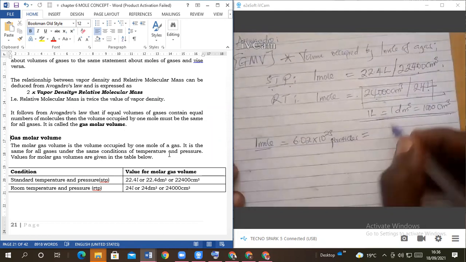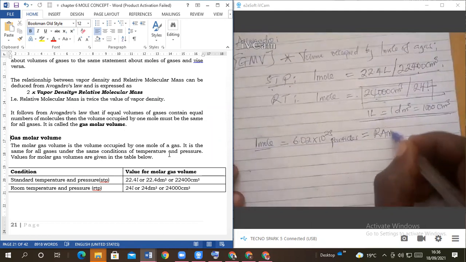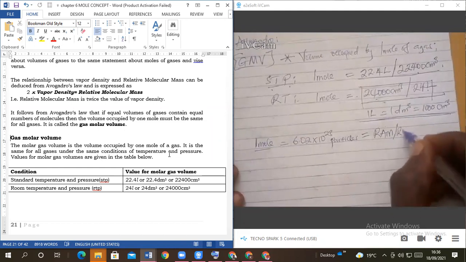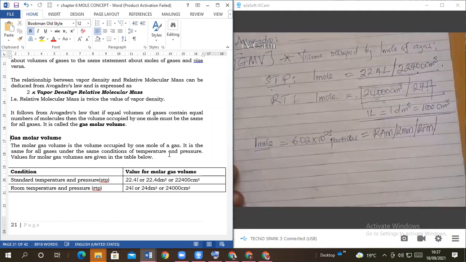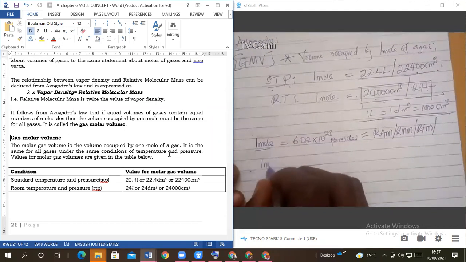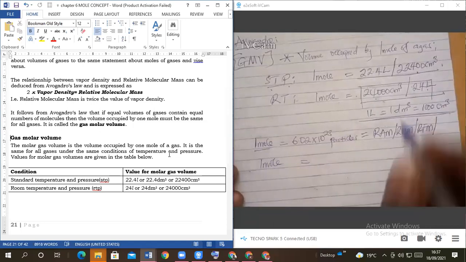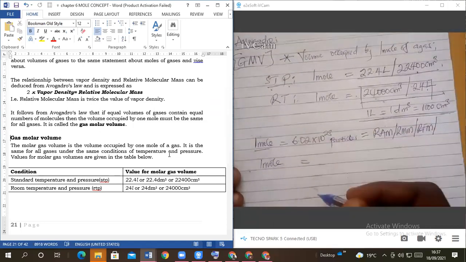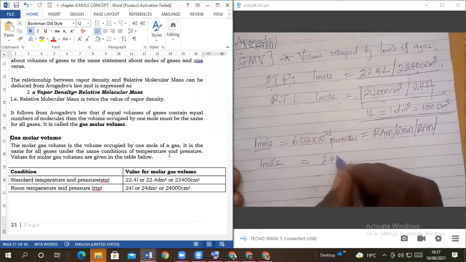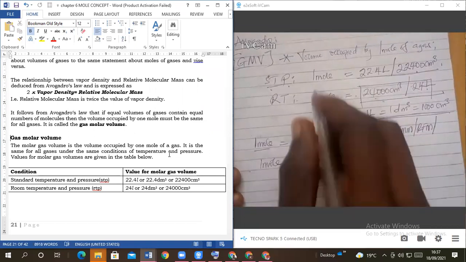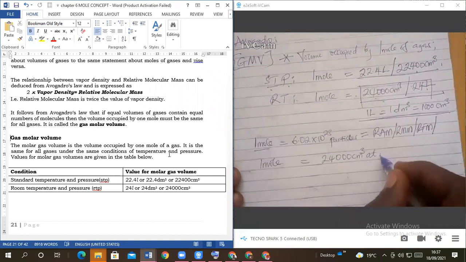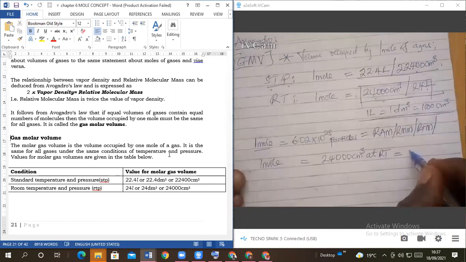Also, 1 mole is the same as the relative atomic mass of any given substance, or the relative molecular mass, or the relative formula mass of any substance. Also, 1 mole is equivalent to, now we are introducing a new one, 24,000 cubic centimeters. This is a molar gas volume at room temperature.